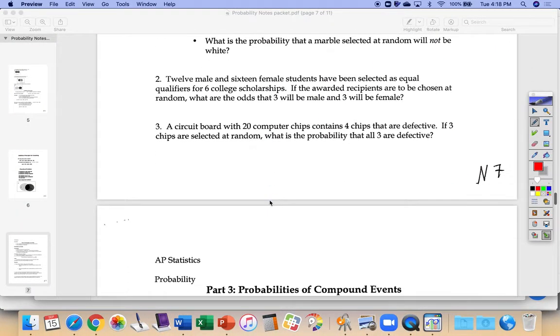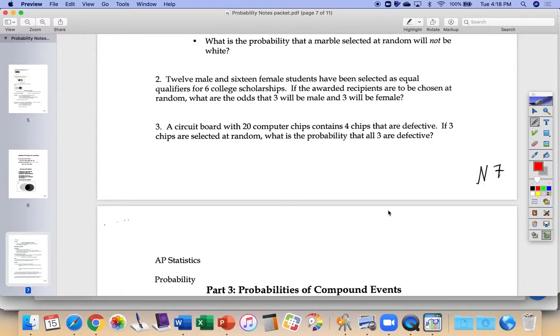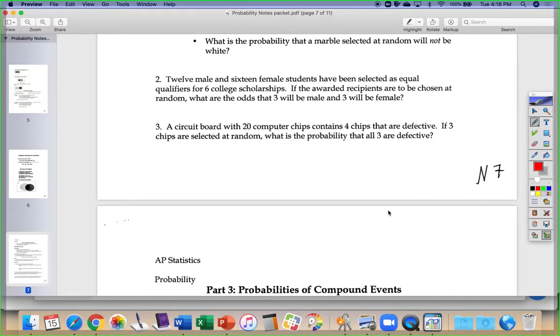The last question of the day says, a circuit board with 20 computer chips contains 4 that are defective. If 3 chips are selected at random, what is the probability? So probability now is, again, successful outcomes that we need over total outcomes possible.